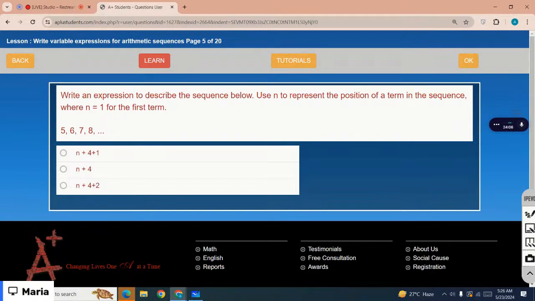So which is the correct option? The correct option is n plus 4.